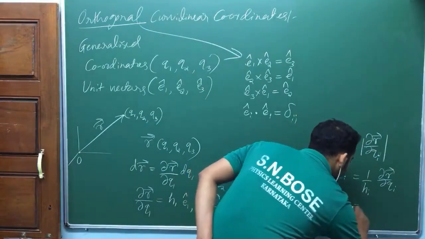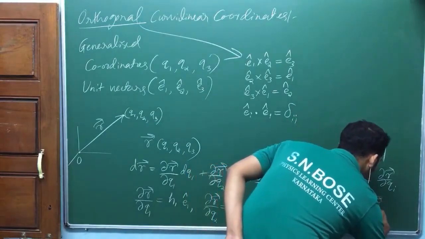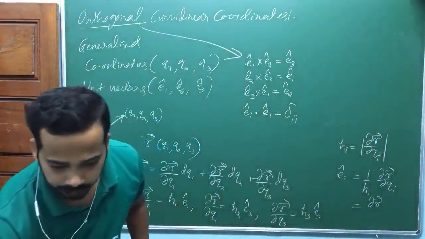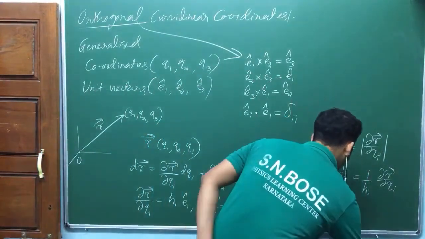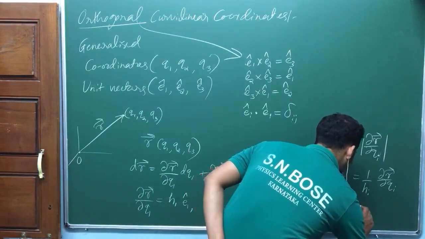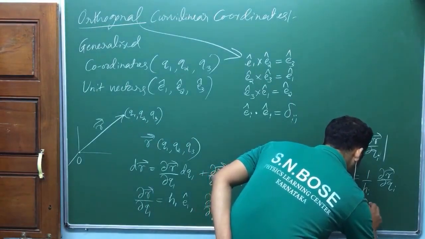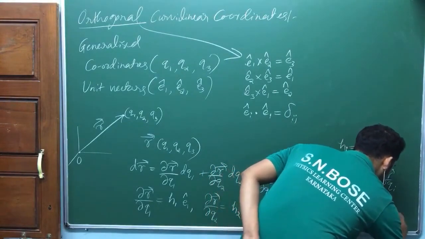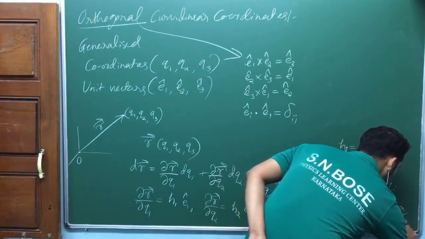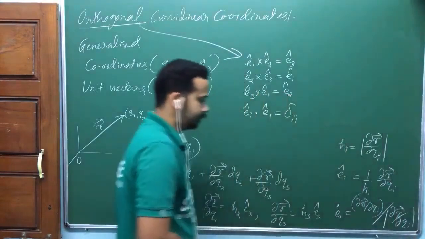If you see this carefully, Ei cap is equal to dou r by dou qi, whole divided by mod of dou r by dou qi. Check this out.